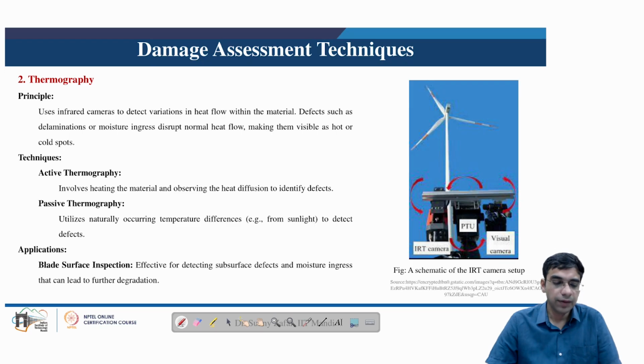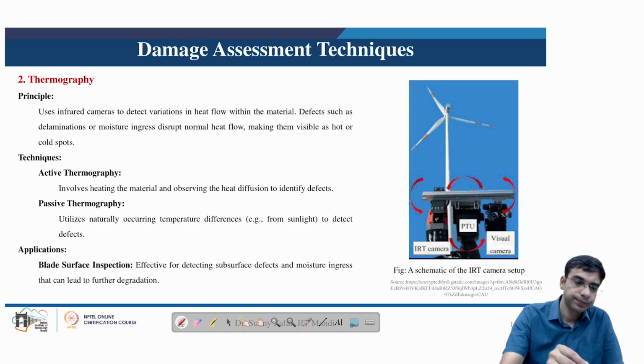The passive thermography utilizes naturally occurring temperature differences, for example, because of sunlight, to detect the defects. Thermography is widely used to inspect blade surfaces as it is effective for detecting subsurface defects and moisture ingress that can lead to further degradation in the wind turbine blades.